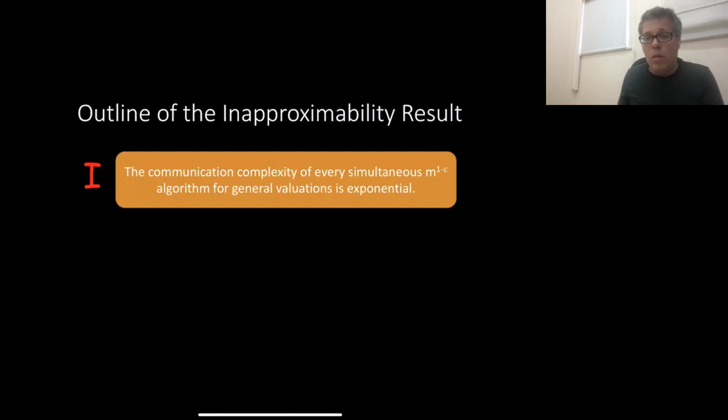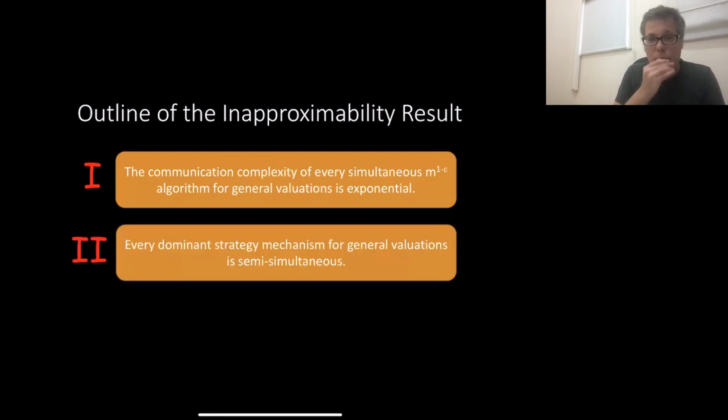That's still not enough, because there are mechanisms, as we said, for general valuations that are not simultaneous. But we are able to characterize all dominant strategy mechanisms for general valuations and prove that they are something that we call semi-simultaneous. Okay, so they're not simultaneous, but semi-simultaneous.